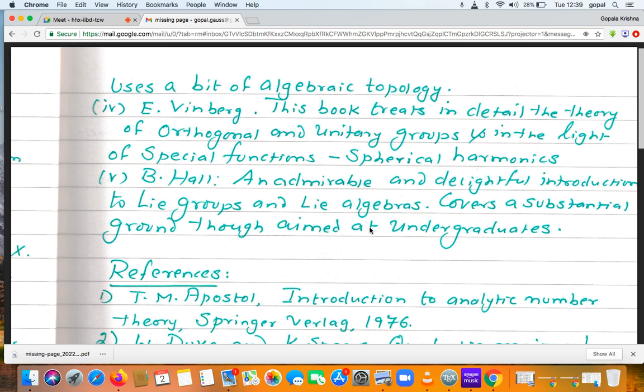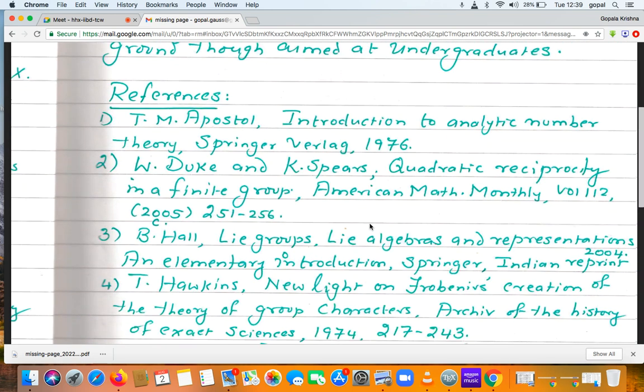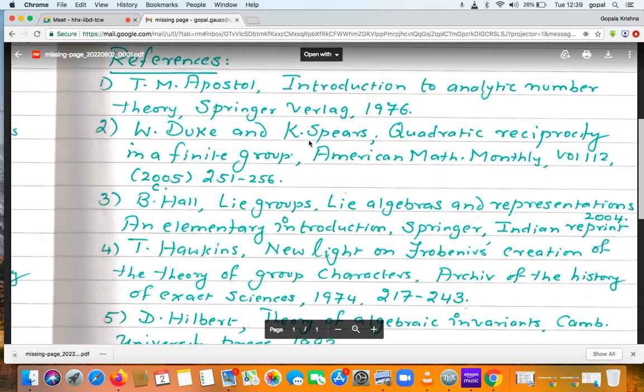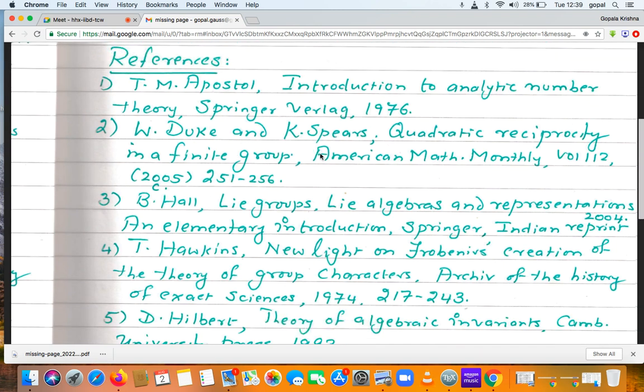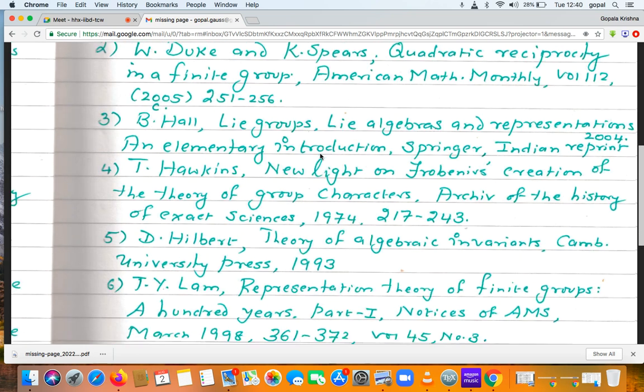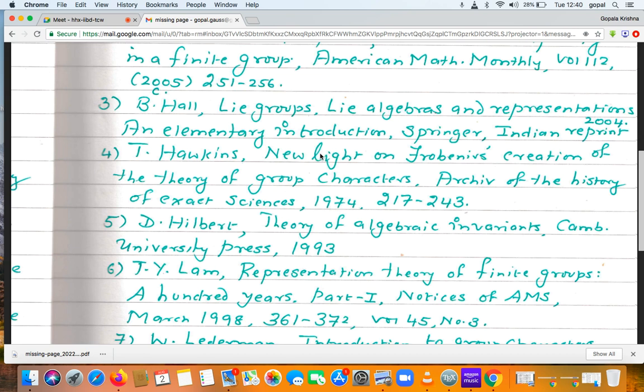And then there is this list of general references. There is this book of Apostol, which I mentioned, the book and the paper of Duke and Spears on the generalization of Gauss's law of quadratic reciprocity using representation theoretic character theory. And then there is Hawkins' paper in the Archive for History of Exact Sciences about the correspondence between Frobenius and Dedekind.